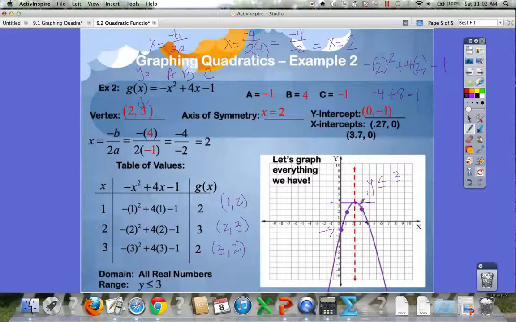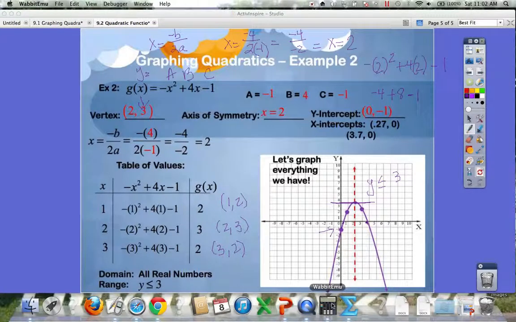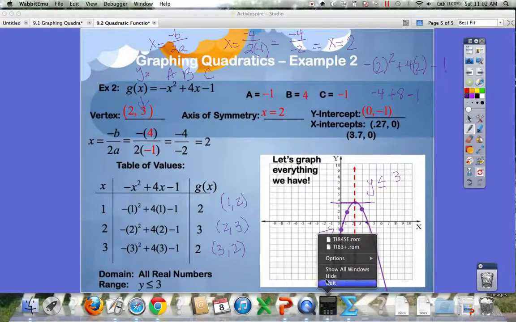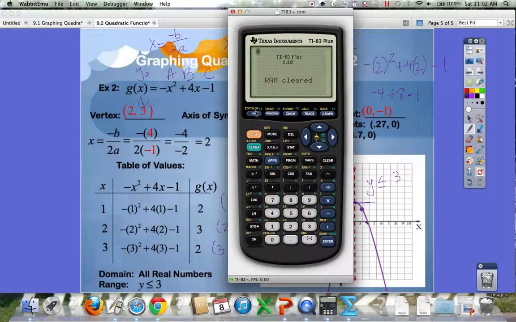Okay? Alright, now, as far as these zeros and solutions, we're going to be working with the calculator and locating those. Let me show you what I'm talking about. So you're going to go to y equals, and you're going to type in these functions. So I'm going to type negative x squared plus 4x minus 1.